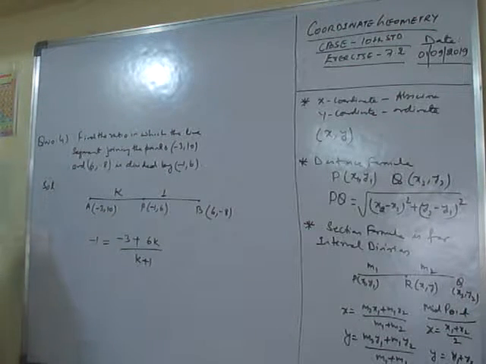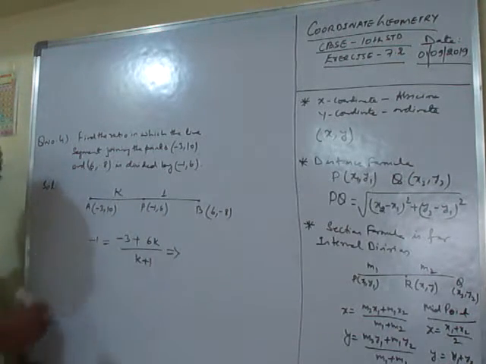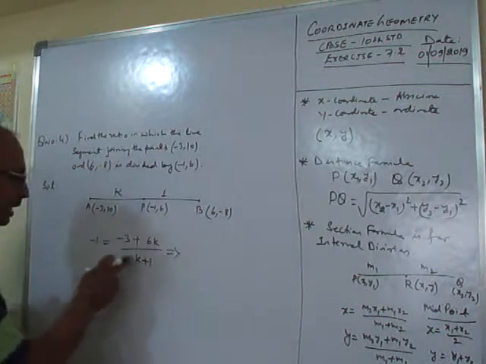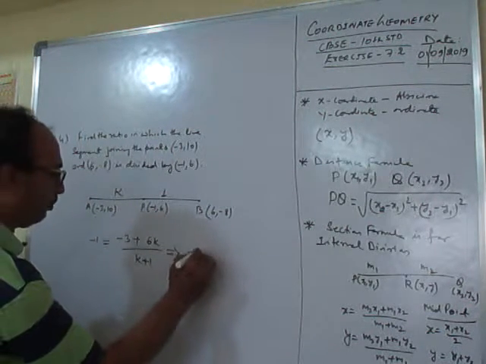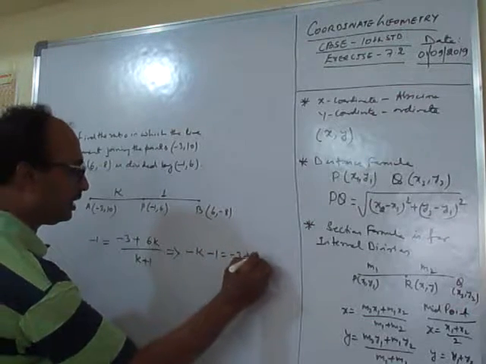Now we can convert this into a linear equation in one variable, k. So -1 into (k + 1) becomes -k - 1, which is equal to -3 + 6k.